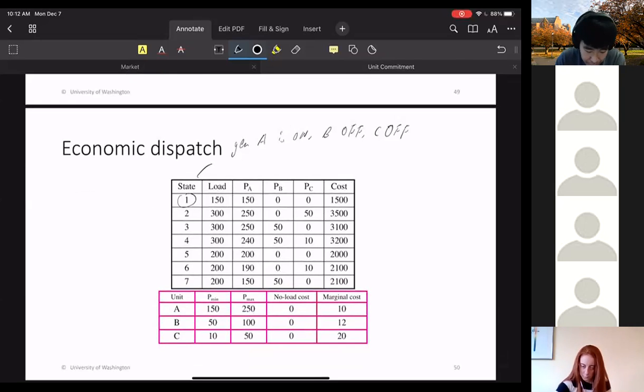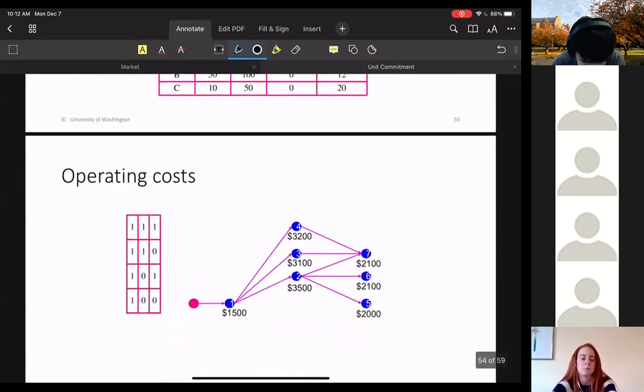So this gives us the operating cost. We can write them down under these nodes. If we go through this circle, we'll have this kind of cost.